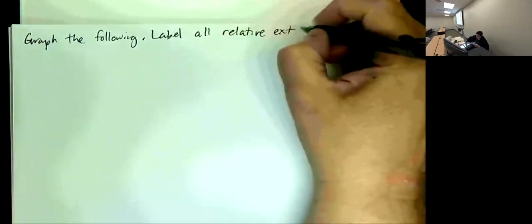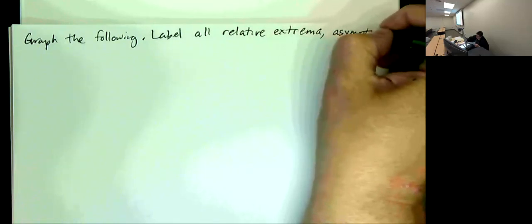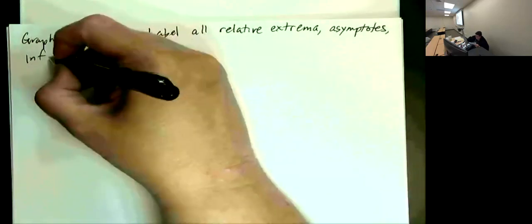All right, number 10 is probably the problem that's going to take you the longest on the test. Graph the following. And it says label all relative extrema, asymptotes, inflection points, and intercepts.